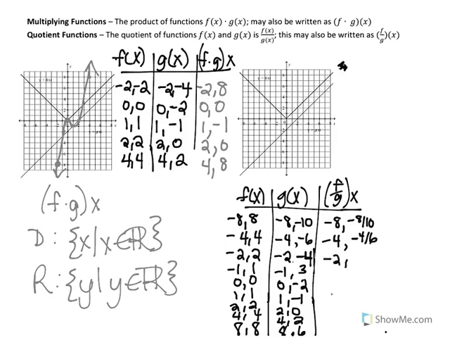We have negative 2 and negative 2 over 4, so negative 1/2. Negative 1 and 1 over 3. 0 and 0 over negative 2, so 0. 1 and negative 1 over 1, so negative 1, so that's an invariant point.